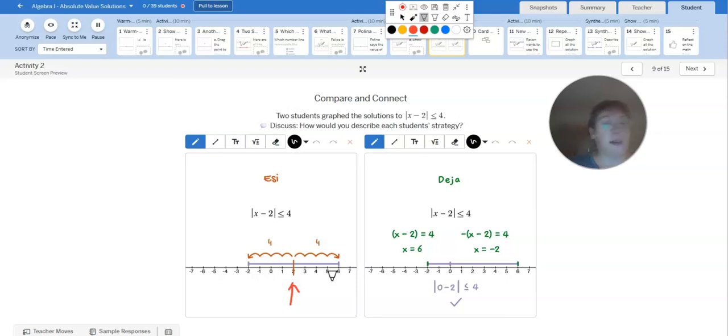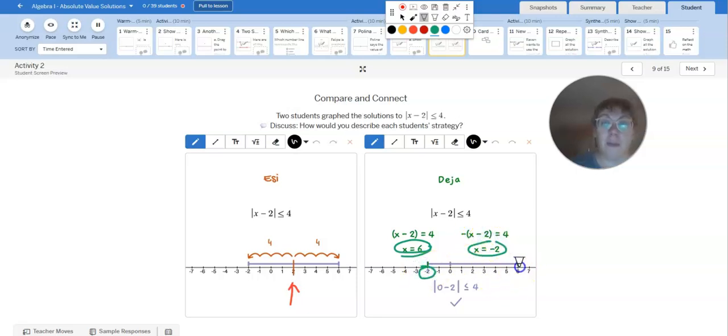Now there's another way that we can do that, which Deja did, where they wrote 2 separate equations. They said, okay, x minus 2 is going to be equal to 4, or negative x minus 2 is going to be equal to 4. So add 2 to both sides to get x equals 6, and divide by negative 1, and then add 2 to get x equals negative 2.